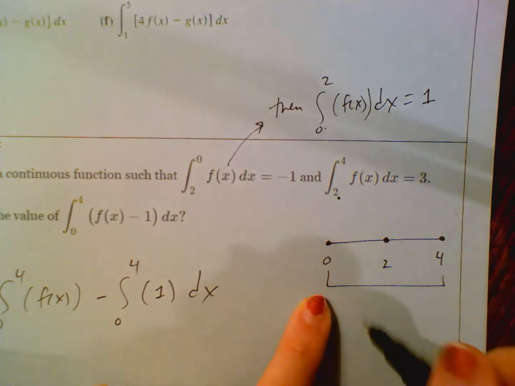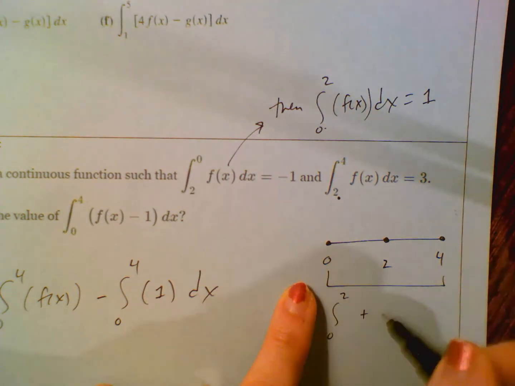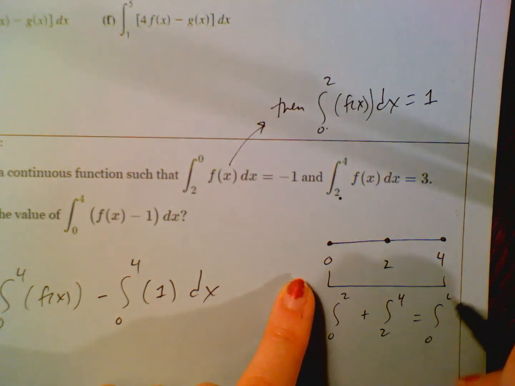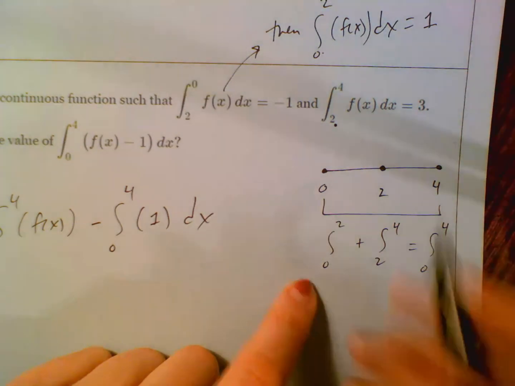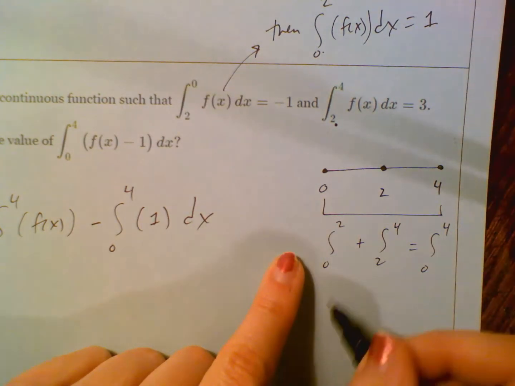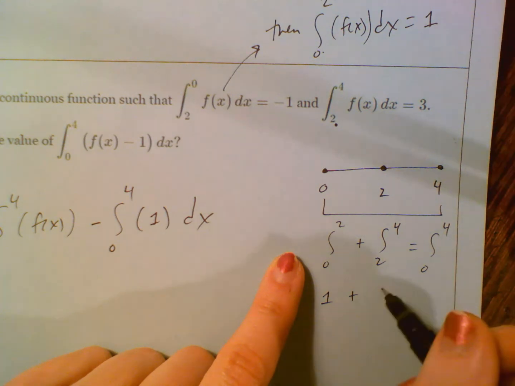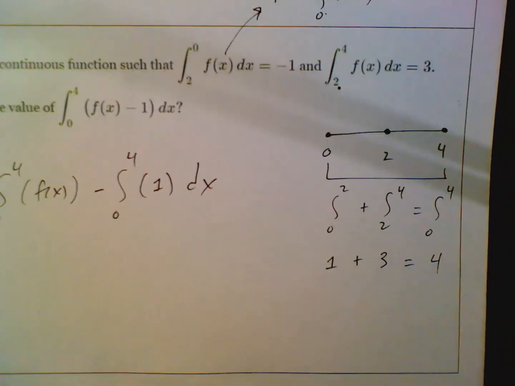So we know that the integral from 0 to 2 plus the integral from 2 to 4 is going to give us the integral from 0 to 4. This is bad notation here because I'm just showing the integral signs. So 0 to 2 is 1. 2 to 4 is 3. Yeah, okay.